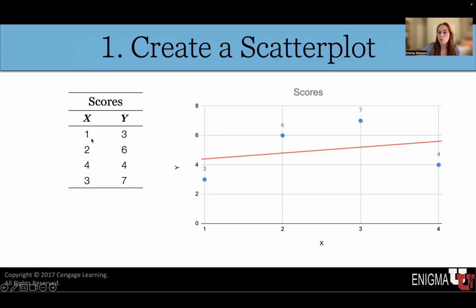For example, one of our pairs of scores is X1, Y3. We have an X of 1 and a Y of 3. Once you've plotted them all, you can fit a linear regression line, as this is called, and it just shows the line that best represents all 4 of these points.